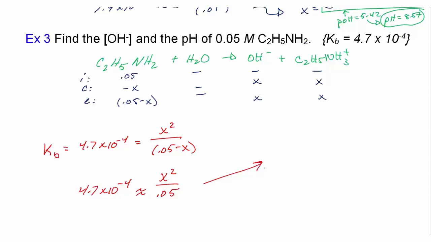So we can get our x. 4.7 times 10 to the negative 4 times 0.05. Take the square root. About 4.85 times 10 to the negative 3 is my x. And that's hydroxide.